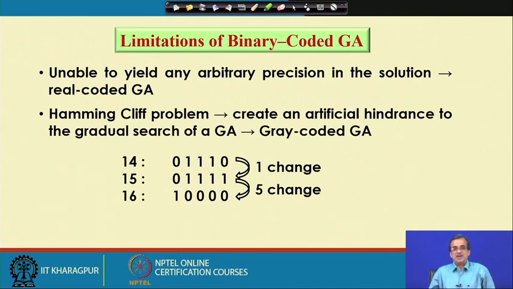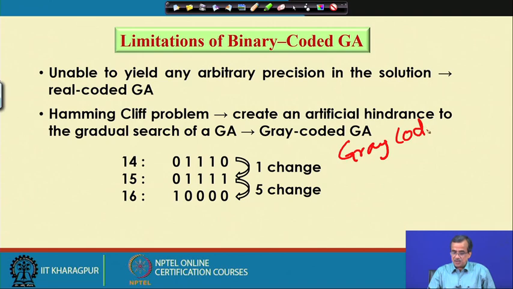The search cannot be abrupt, and to ensure this gradual search, we will have to take the help of another coding, and that coding is known as the gray coding. This Hamming-Cliff problem of binary codes can be overcome using the concept of gray codes.